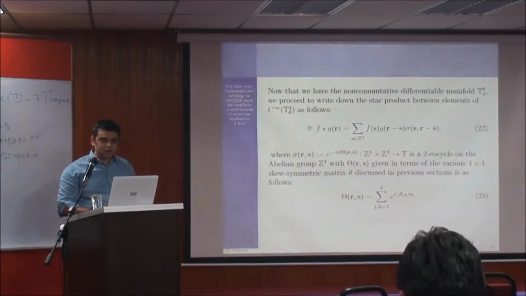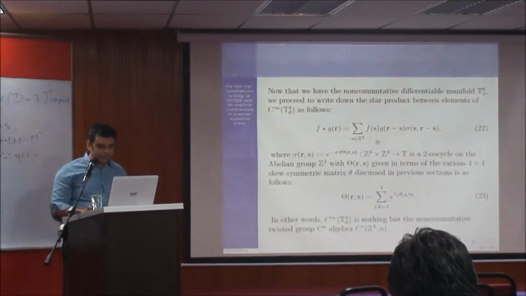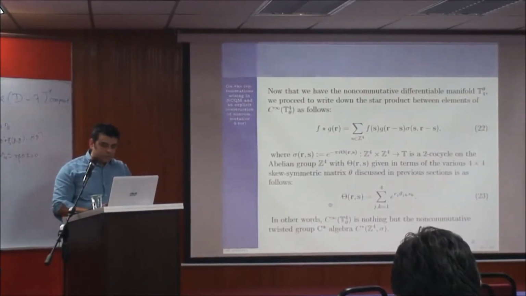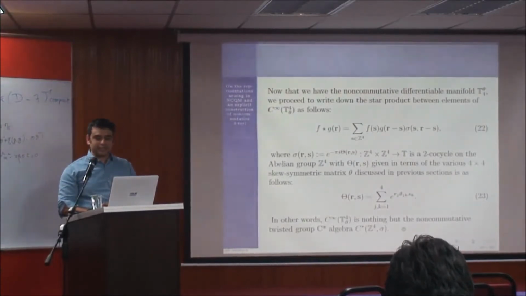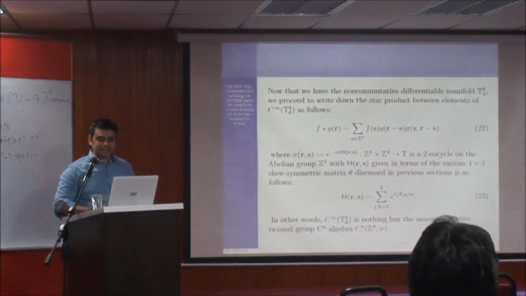So this is how you get a non-commutative star product between functions on the non-commutative 4-torus. One can immediately see that this non-commutative C-star algebra is nothing but the twisted group C-star algebra, Z4 sigma. You twist it by this sigma.